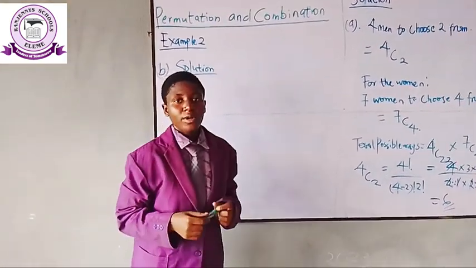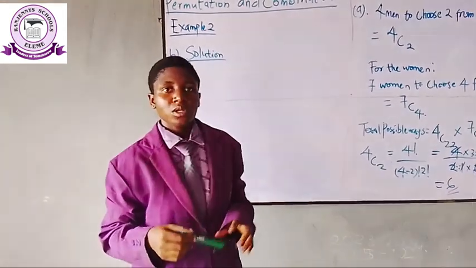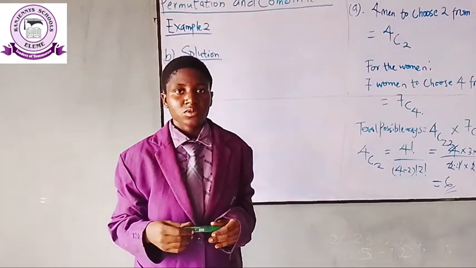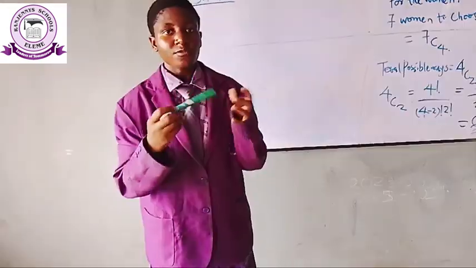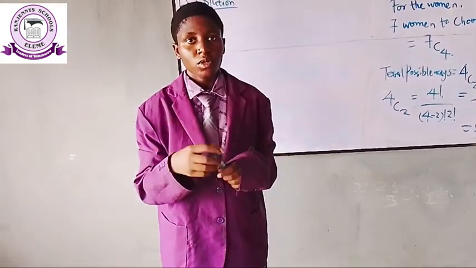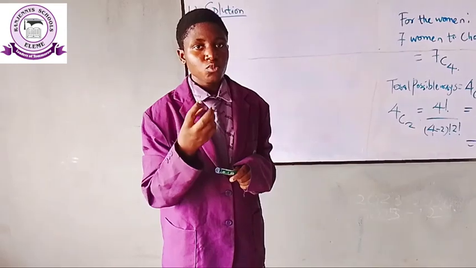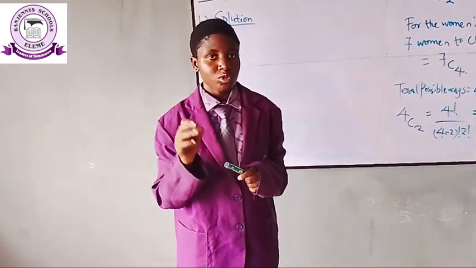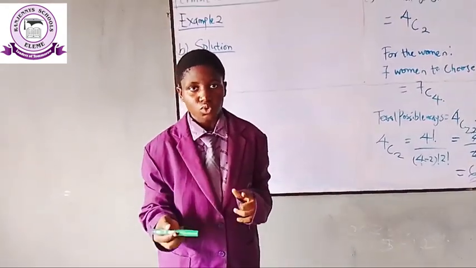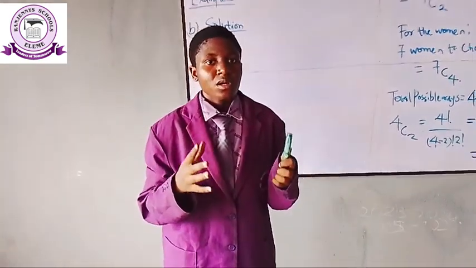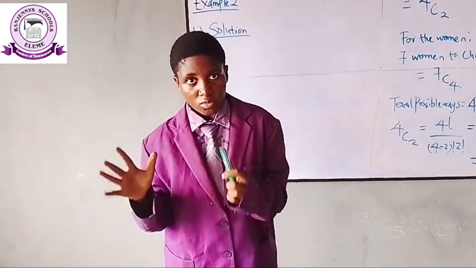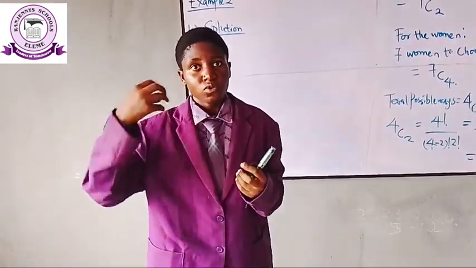Okay, now we are going to the B part of the question. This part of the question tells us that two particular women must not be on the committee. 7 women to choose 4 from. So if we remove 2 women that must not be on the committee, that is 7 minus 2, and that is 5 women. 5 women are now present to choose 4 from.